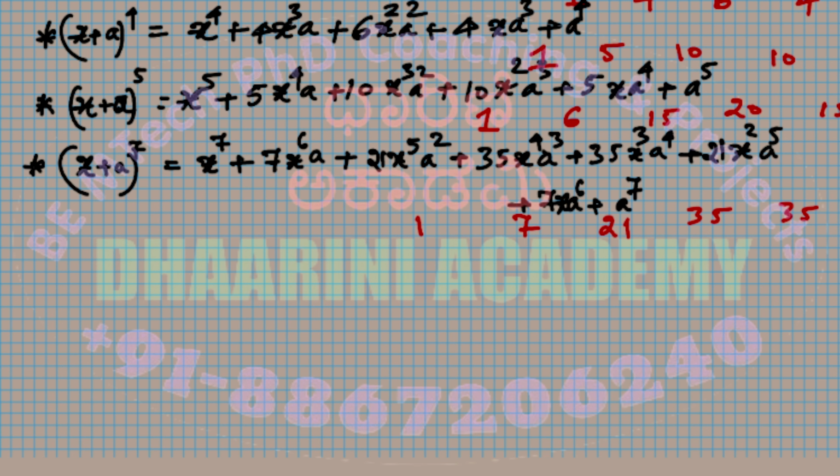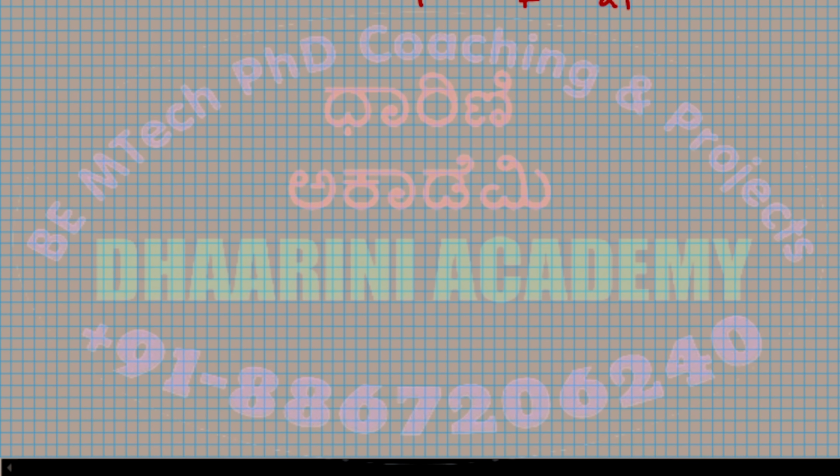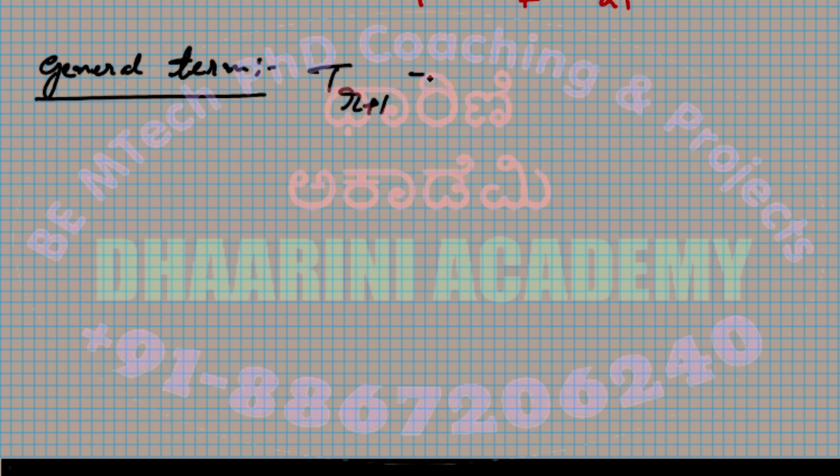Right, let's look at the general terms. For any expansion, what is the equation for a general term? Any term number r plus 1: the r plus 1th term in the expansion is given by nCr x to the power n minus r into a to the r.